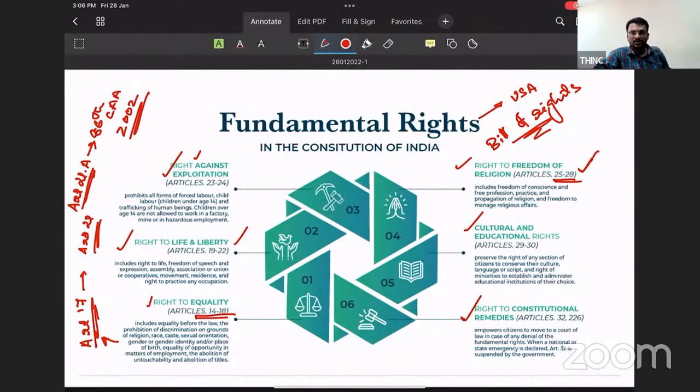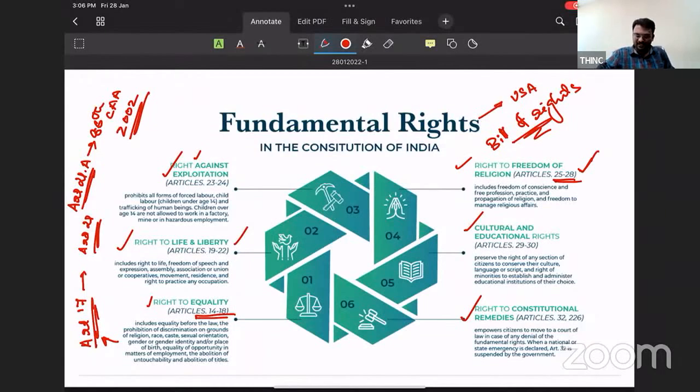And they have the freedom to manage religious affairs also. If it is not affecting public order, morality, health, or anything related to the public, the law will not get into these things, but if it goes against public order, then there are exceptions. Law can enter into these things.